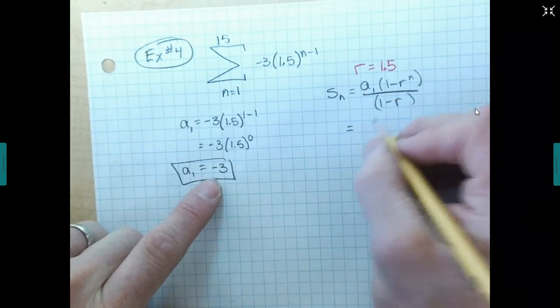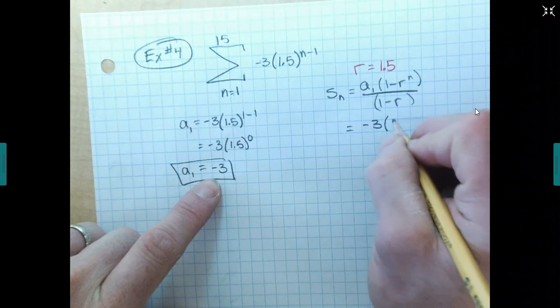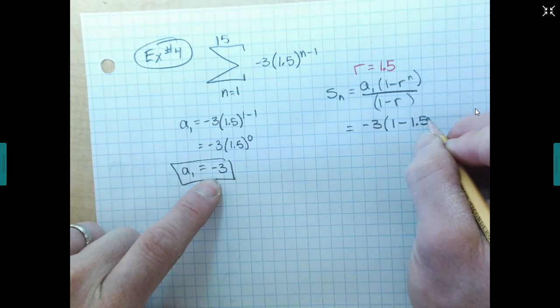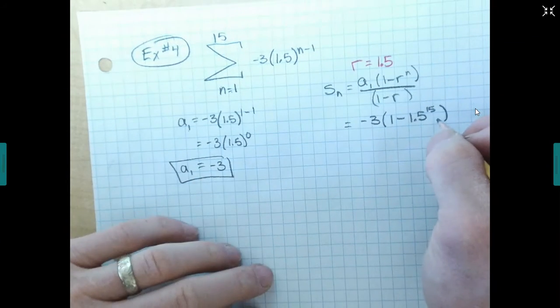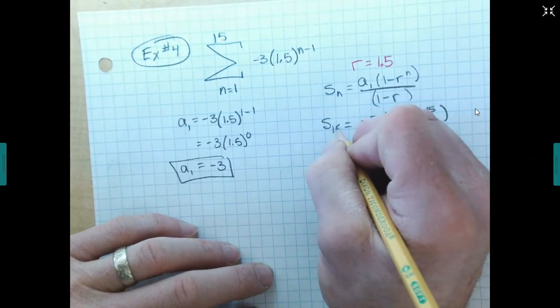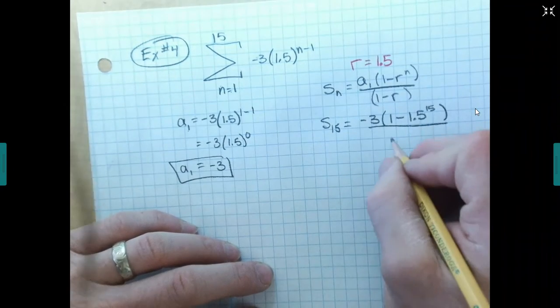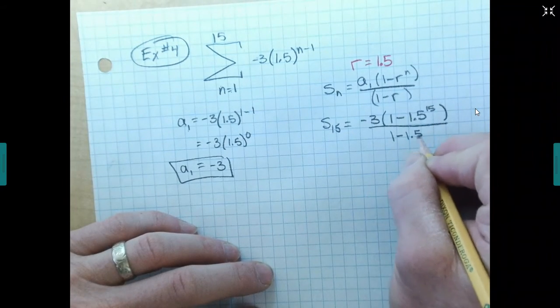So a1 value is negative 3 times 1 minus our rate, which is 1.5 to the 15th, because that's what we're doing our sum to, S15. And that is all over 1 minus 1.5.